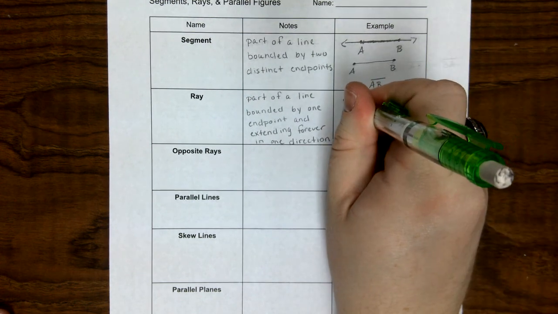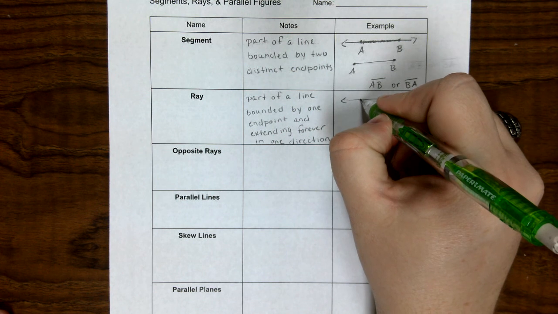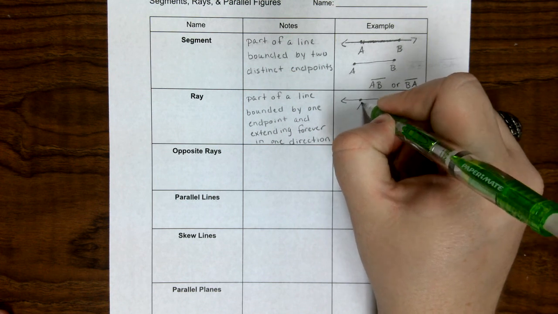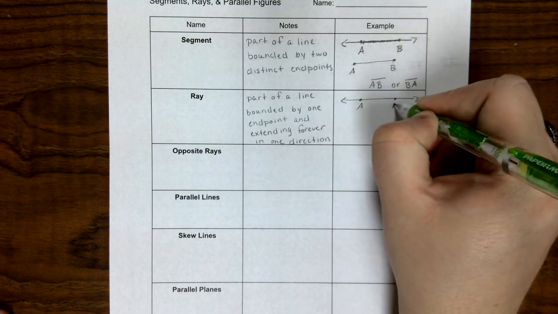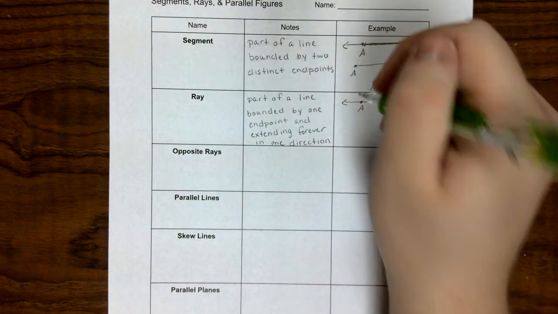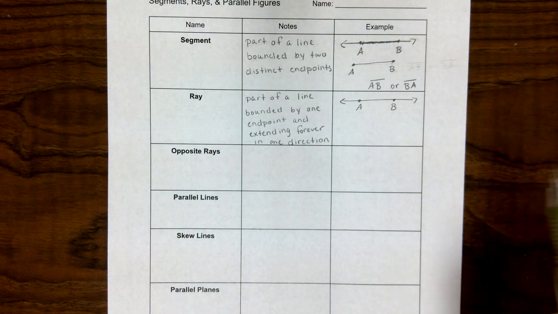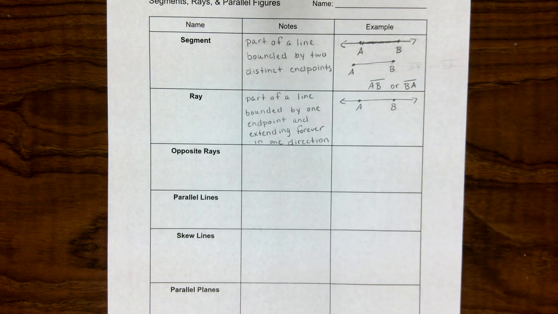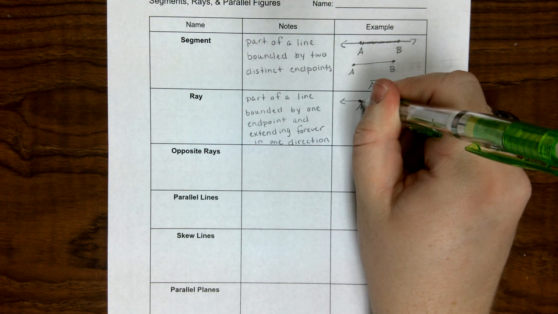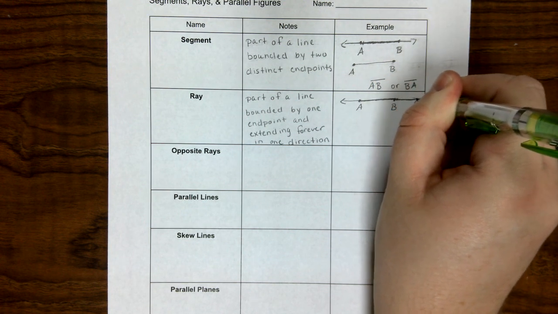All right, so let's put our line example back. I'm going to start at the point A. And then for a ray, you have to have another point down the line from it. So I'm going to continue in this right direction, go through B, and then keep going.